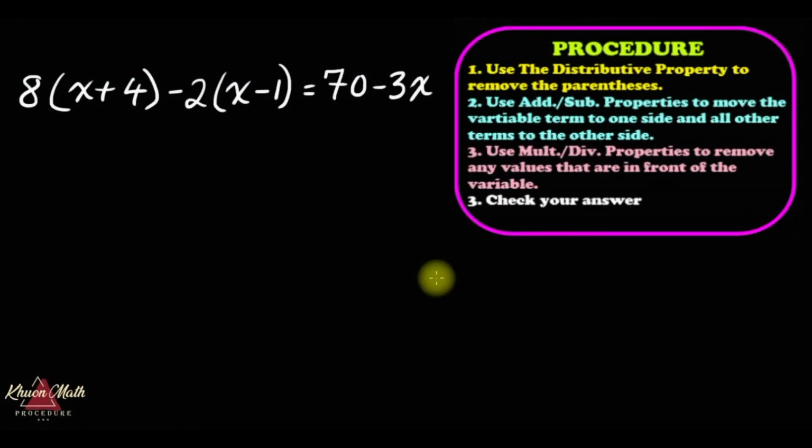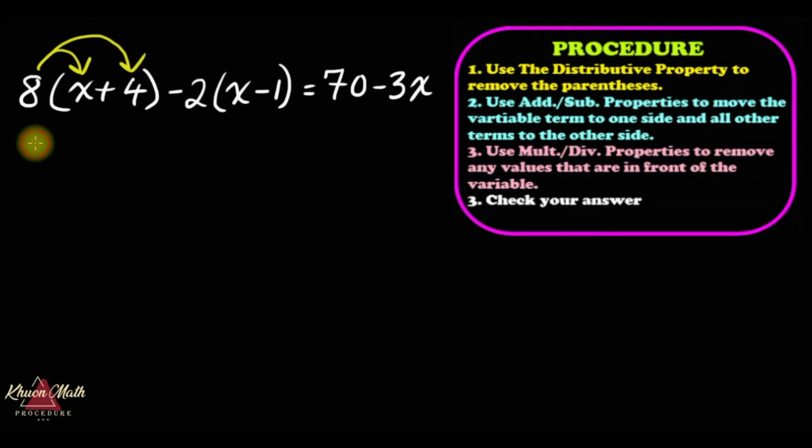Okay, let's take a look at another one. And we're going to use the distributive property to solve this equation, find out what x is. Okay, so first thing we have to do is get rid of the parentheses. And we have to use the distributive property to do that. So here we have to distribute the 8. So 8 times x and then 8 times 4.